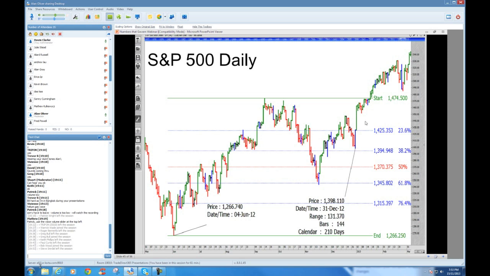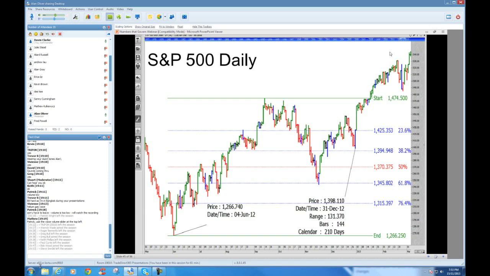And look at the run. I mean, you've only got to look at these. You cannot argue with these things. They are there in black and white. And you can see here the low at 1394. Well, the S&P is way above that now. Fabulous opportunities for just a couple of minutes work on your charts.